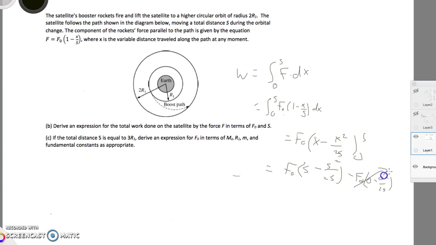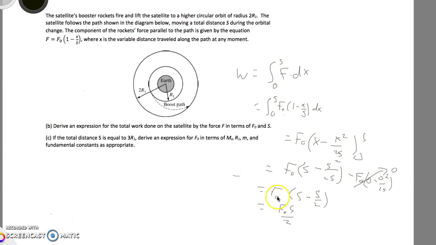So this term will go to 0. So we simplify this first term here, we get F naught times s. S squared over s just becomes s, so this is s over 2. All that simplifies just to be F naught s over 2. Okay, so that's equal to the work.